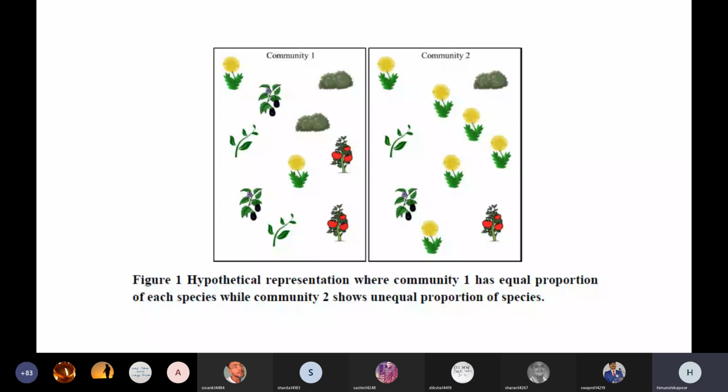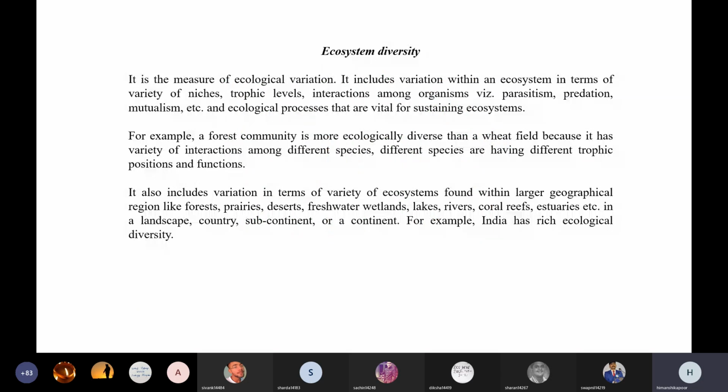Now coming to ecosystem diversity. As the name suggests, ecosystem diversity is the diversity present within an ecosystem, the variation existing in an ecosystem. This can be enumerated on enormous scales.